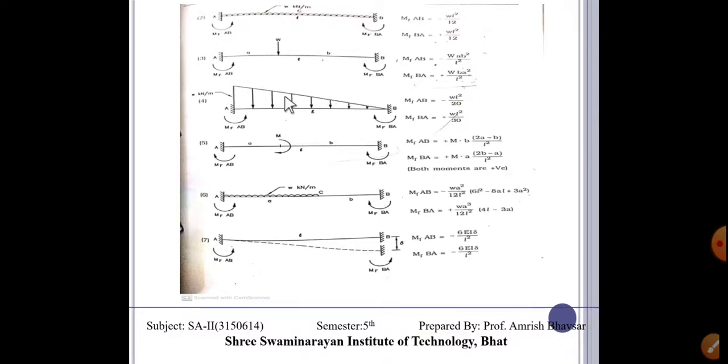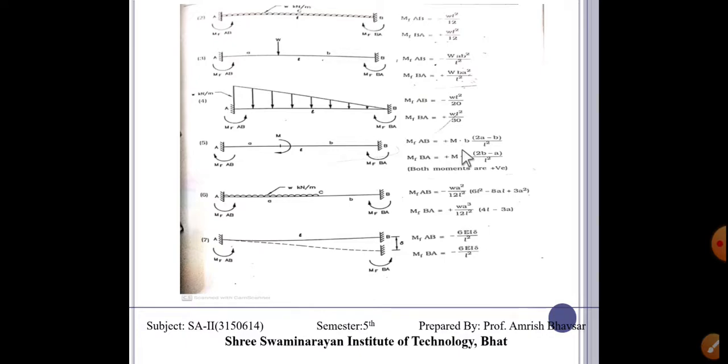In the same way for UVL, the fixed end moments MFAB and MFBA: MFAB is equal to WL square by 20 and MFBA is equal to WL square by 30. One is minus and one is plus. If a moment is applied, then the equation is this.